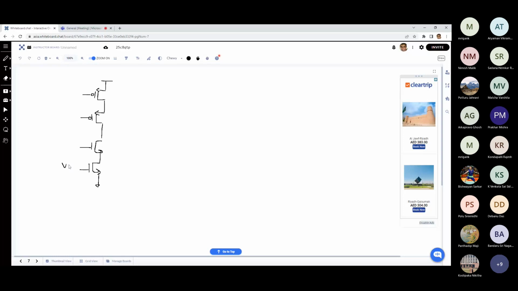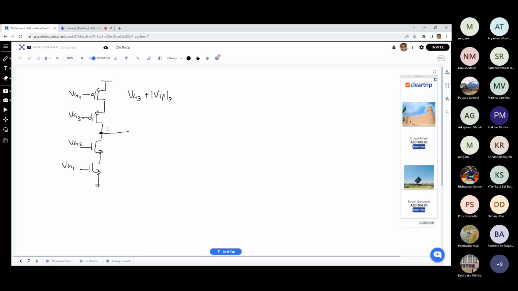Now these are VG1, VG2, VG3, VG4. Ultimately, Vout max is VG3 plus mod VTP. If I assume all the VT are the same, it is mod VTP3.